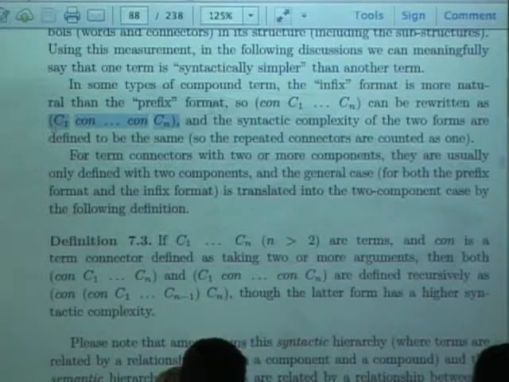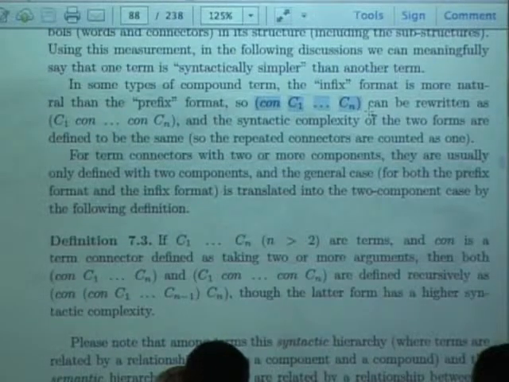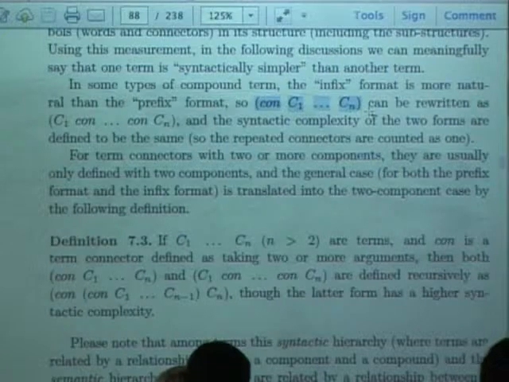But in the implementation, I'm using this internally, which is more consistent with computer format convention in general. So in a sense, this one can be rewritten as this. It doesn't really matter. This is taken as a single operator.